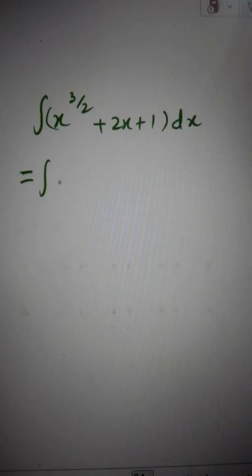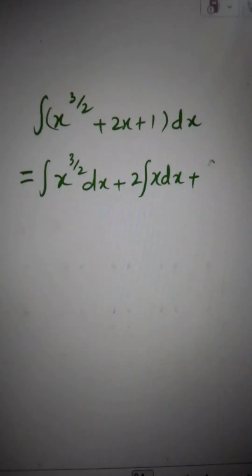We can separately apply the integration sign, this operator, to all of them, and we can keep the constant coefficient, 2, outside: 2 integral of x dx, and integration of 1 dx. Then we know that the derivative of x is 1, which can be considered here.